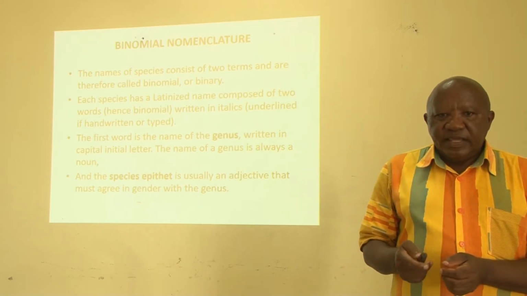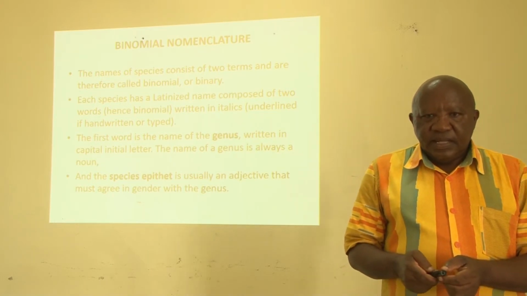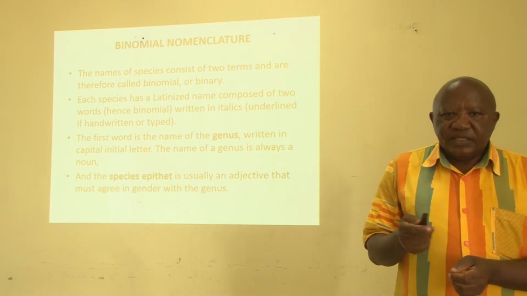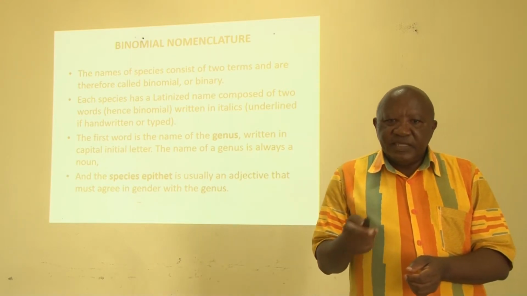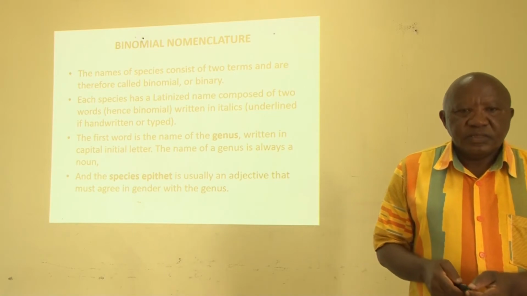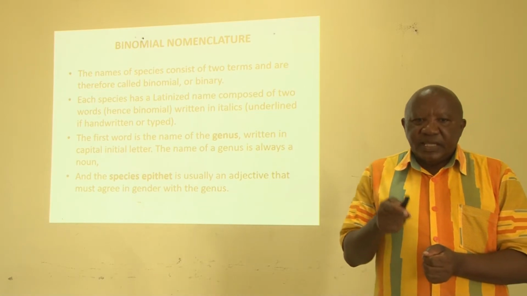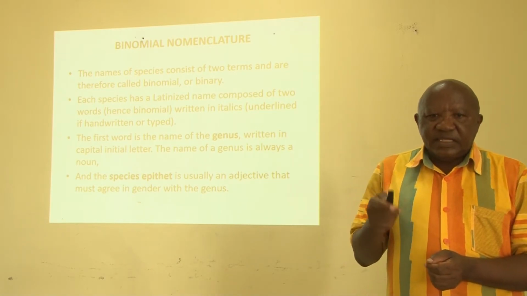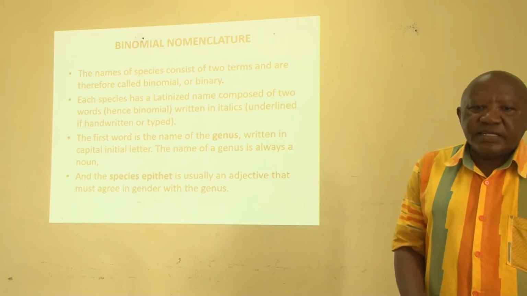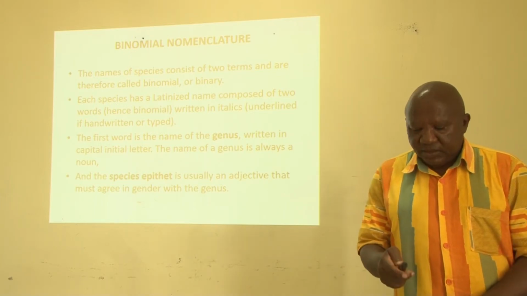The first word is the name of the genus, written with a capital initial letter. The name of the genus is always a noun, and the species epithet is usually an adjective that must agree in gender with the genus.